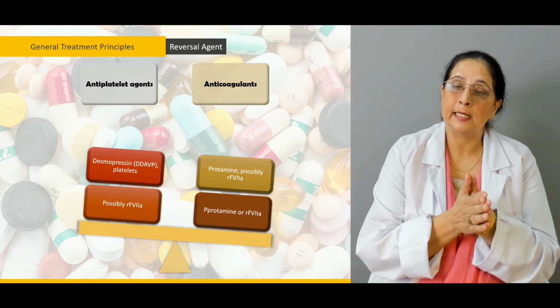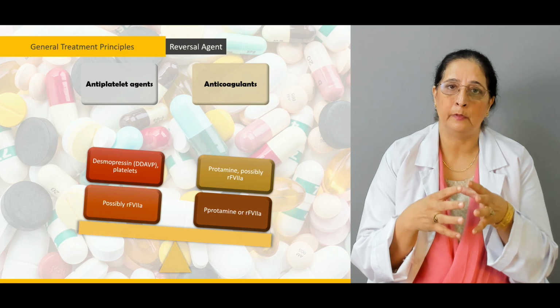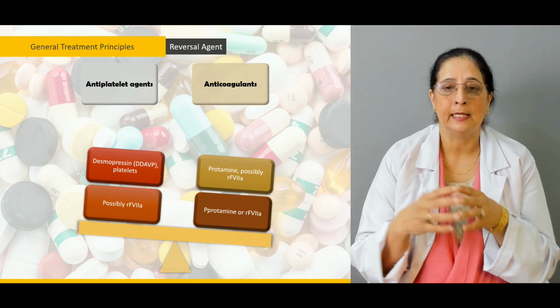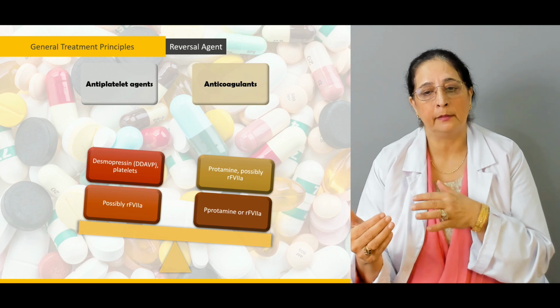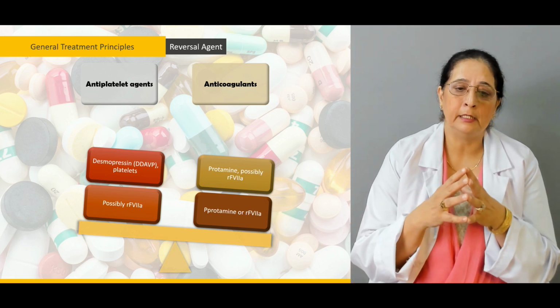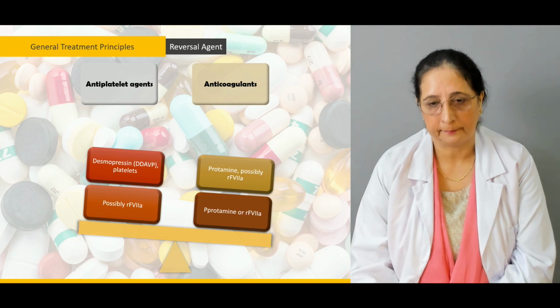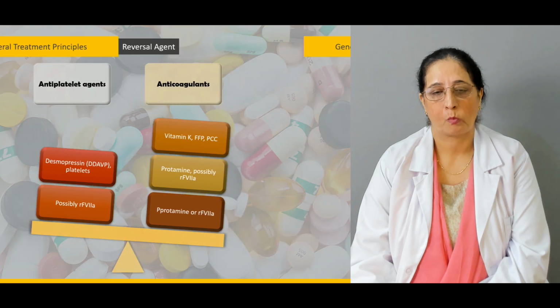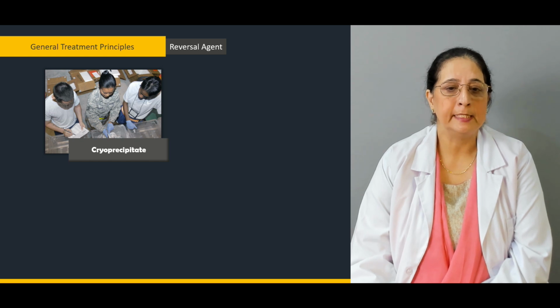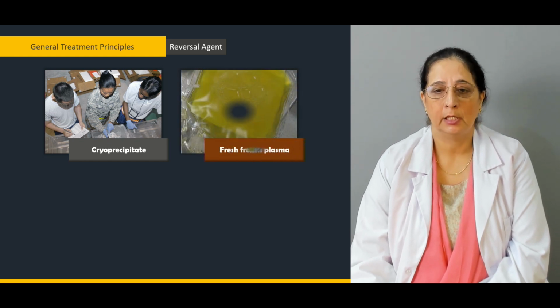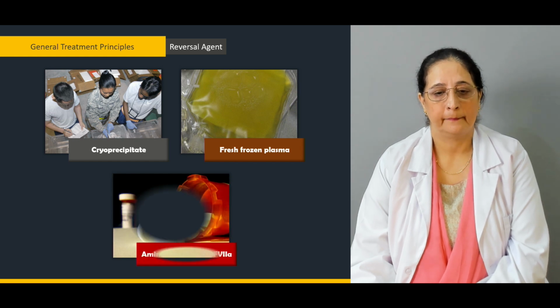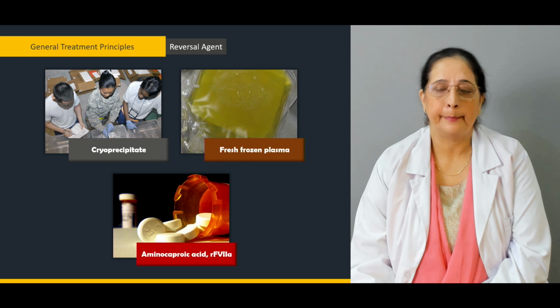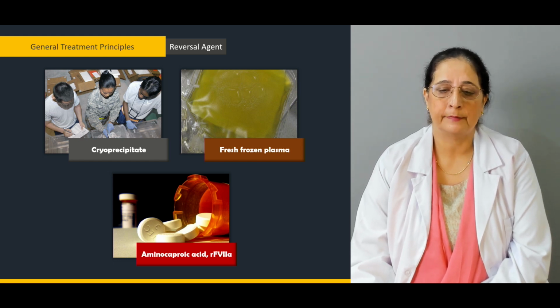We have antiplatelet agents which are responsible for affecting the level of platelets, and we have anticoagulant agents, and these are the reversible type of agents. Then vitamin K, fresh frozen plasma, and PCC. Cryoprecipitate is also a reversal agent, as are fresh frozen plasma, aminocaproic acid, and rFVIIa.